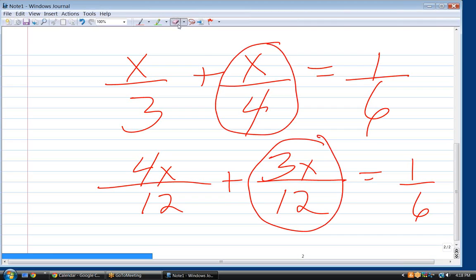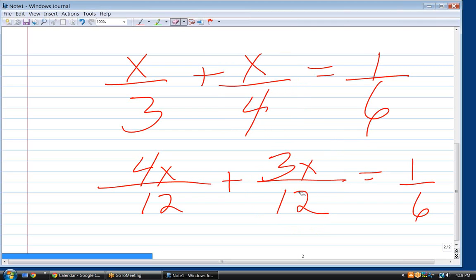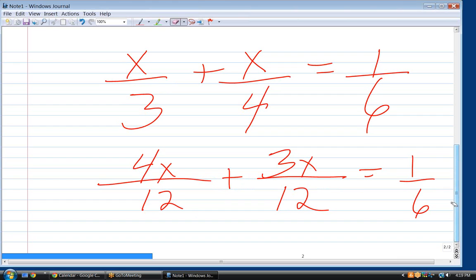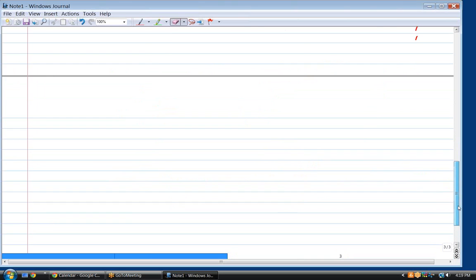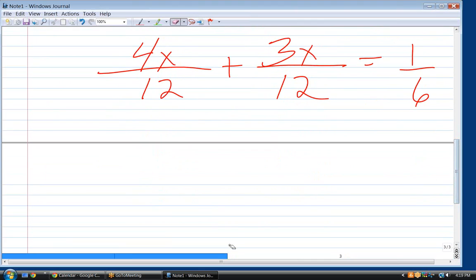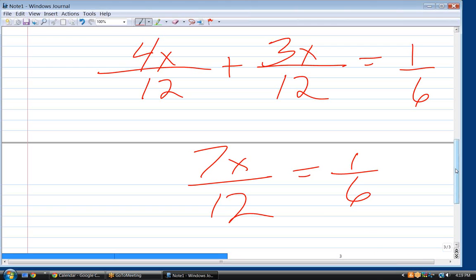So that's the key whenever you're using common denominators: make sure you don't change the fractions. Now, how do I add two fractions with the same common denominator? Just multiply across. Or just add. Wait, add numerators only. So that's 7x over 12, equals 1/6. Now what?